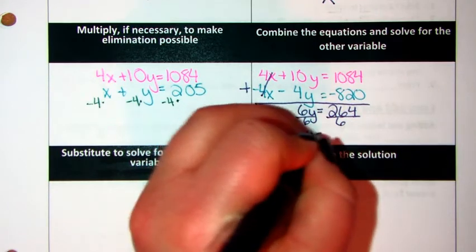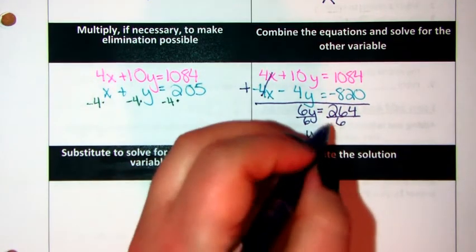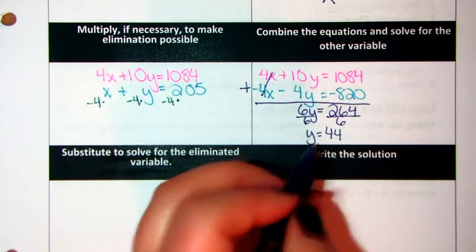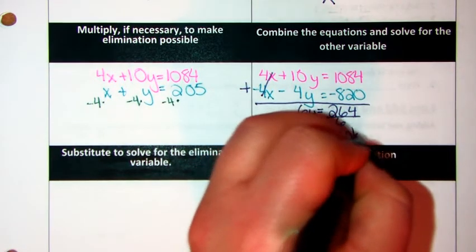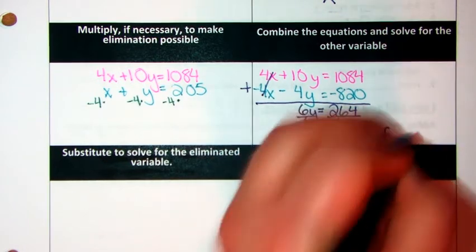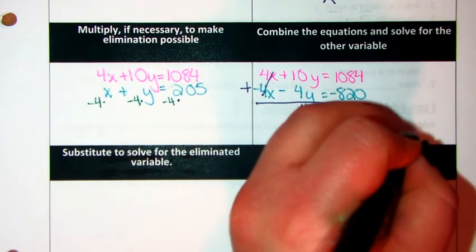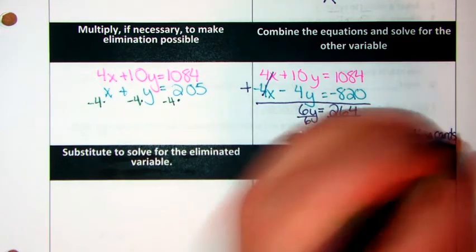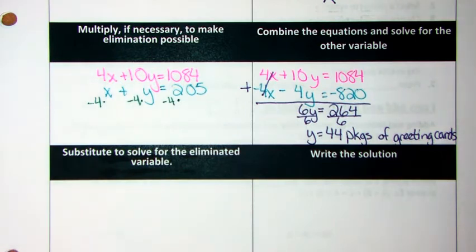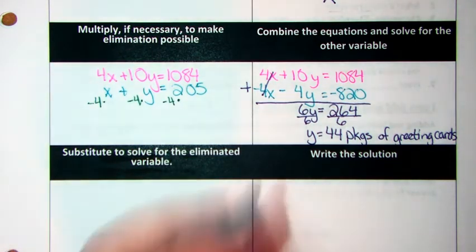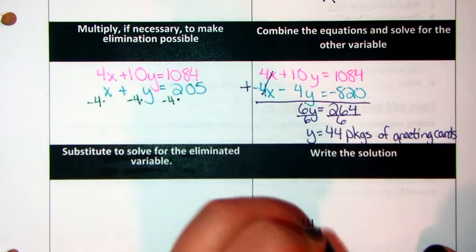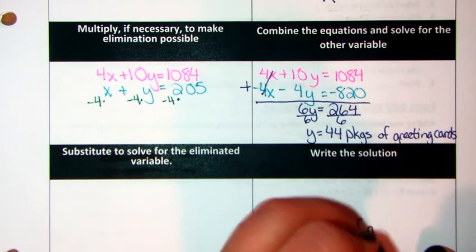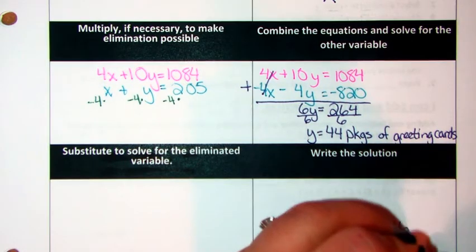Divide both sides by 6, and y equals 44, and that is packages of greeting cards. Remember, with word problems, we do not write them as a point because they actually have a meaning. So I know that part of my solution will be that there are 44 packages of greeting cards.